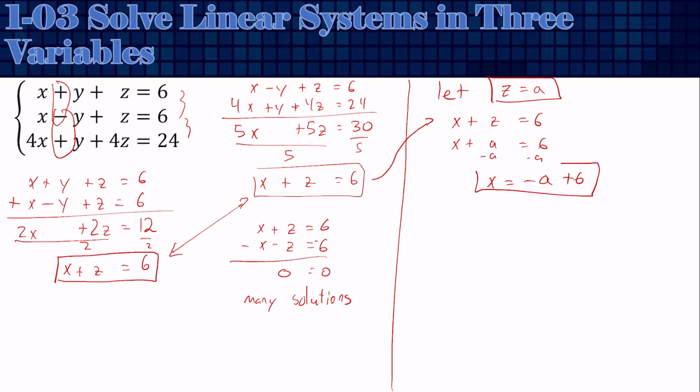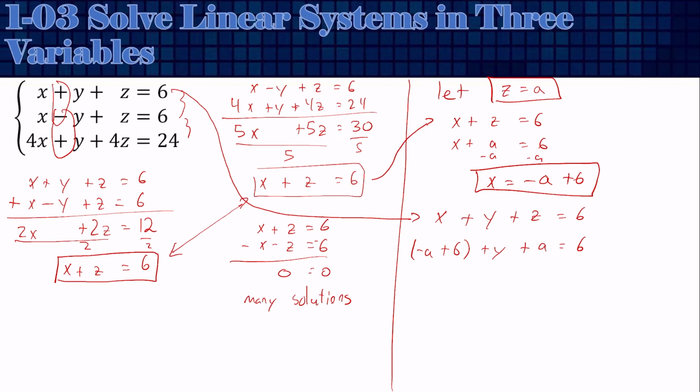So z is a. x is negative a plus 6. And then if I take one of the original equations, such as x plus y plus z equals 6, for x I could put negative a plus 6. z is a. Negative a and a cancel out.